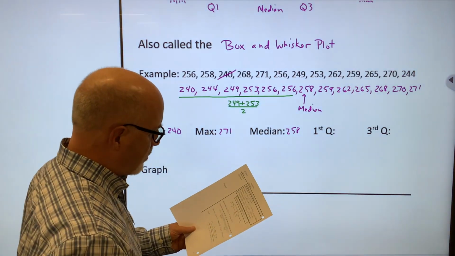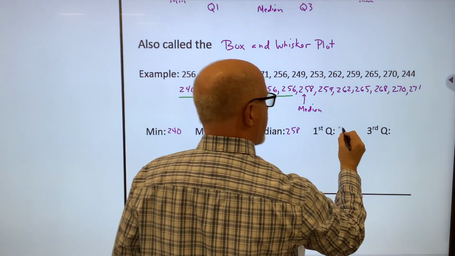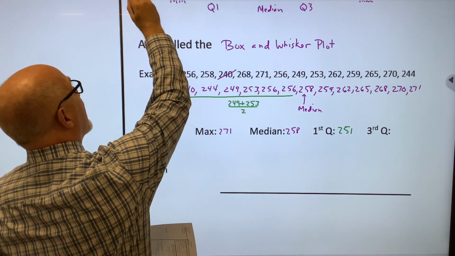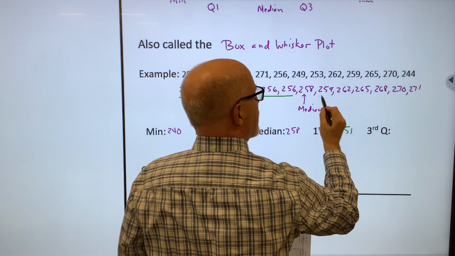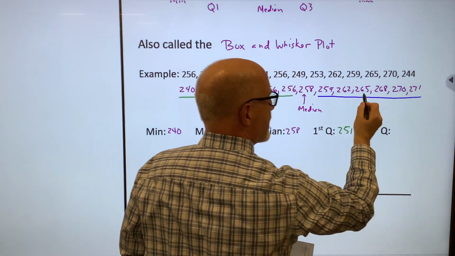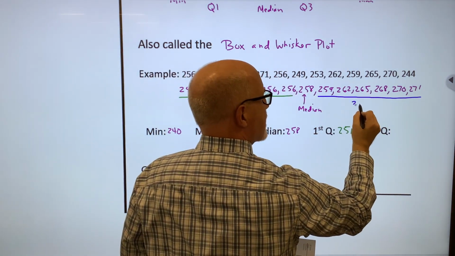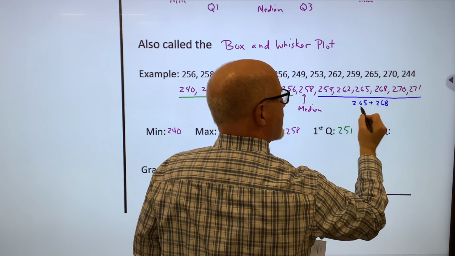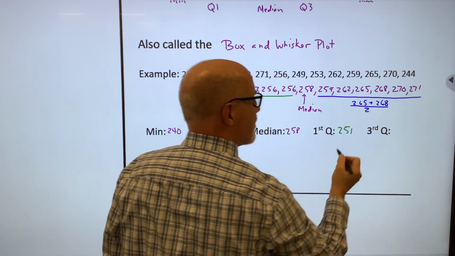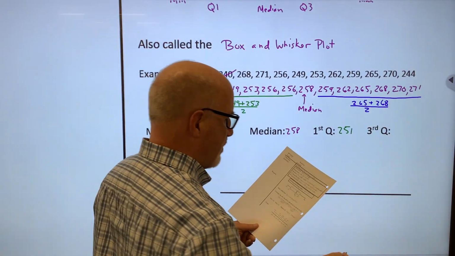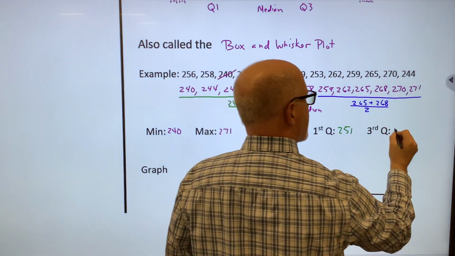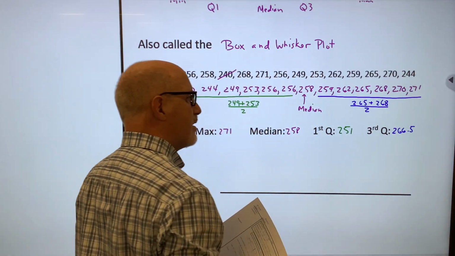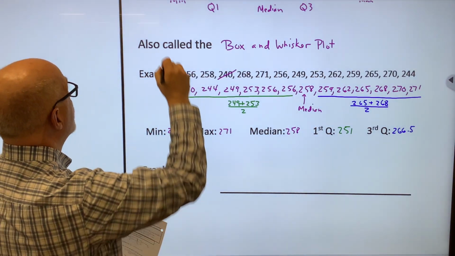When I average those two, I get 251. Now let's do the same thing on the other side. For these 6 numbers, I take the middle 2 numbers, 265 and 268, add them together, divide by 2, and I get 266.5 for my 3rd quartile, Q3.